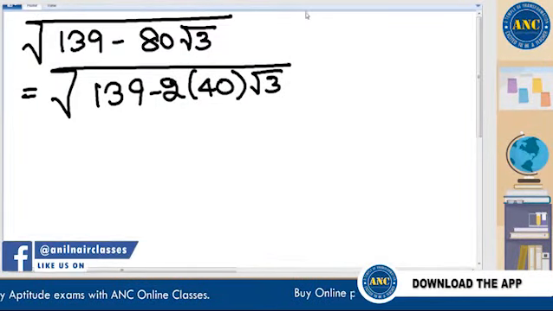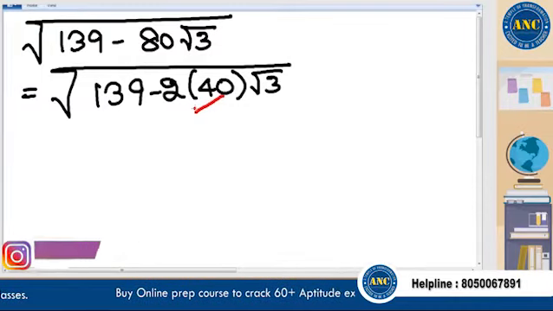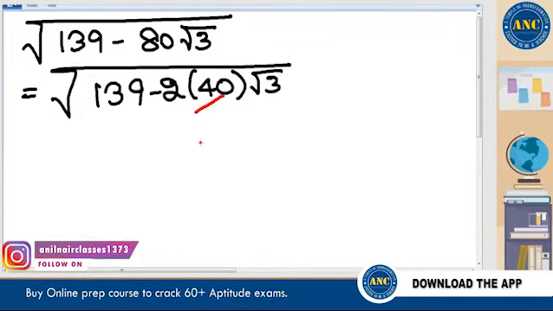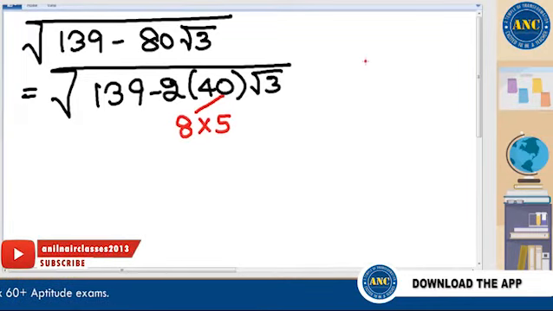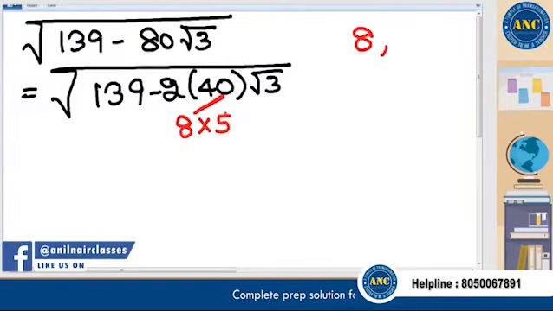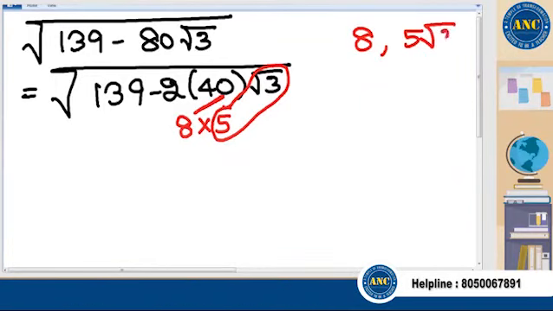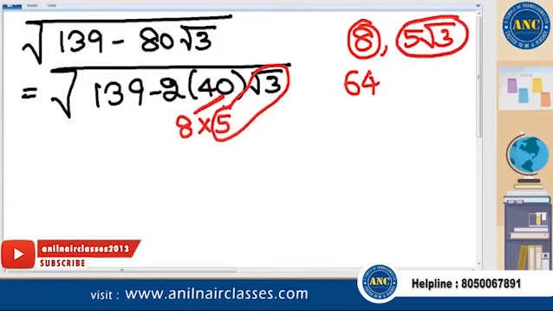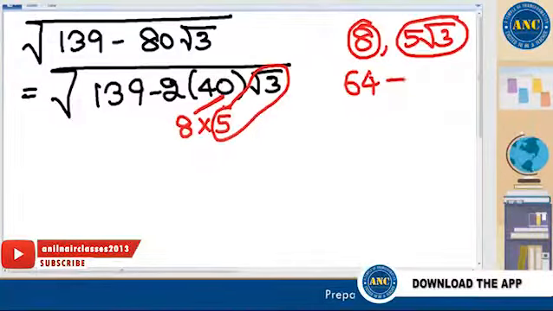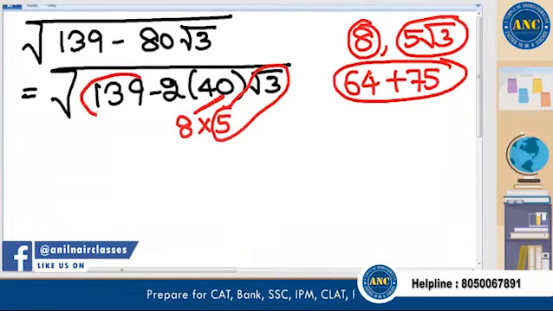Now 40 you need to express in multiple ways. 40 can be written as 4 into 10, 2 into 20, 1 into 40, but I will write it as 8 into 5. Why am I writing it as 8 into 5? Because if I take one term as 8 and the other term as 5 root 3 combined together, and square it, 8 square is 64 and 5 root 3 whole square is 25 into 3, it is 75. 64 plus 75 is giving me the first term 139.